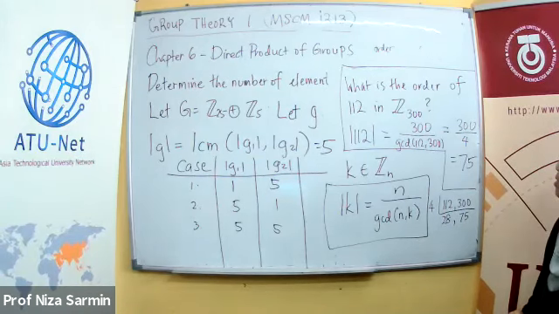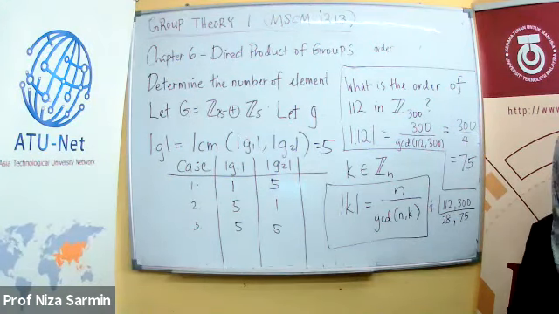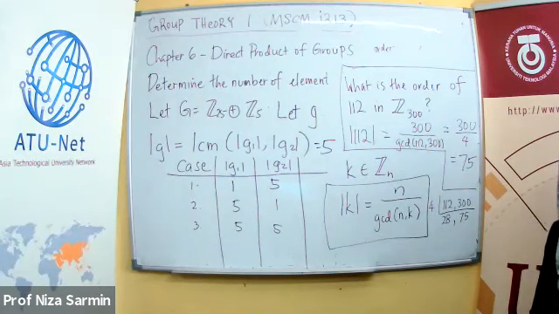Or you multiply 112 by 75. It's a multiple of 300. And now what's 112 times 75? 8400.